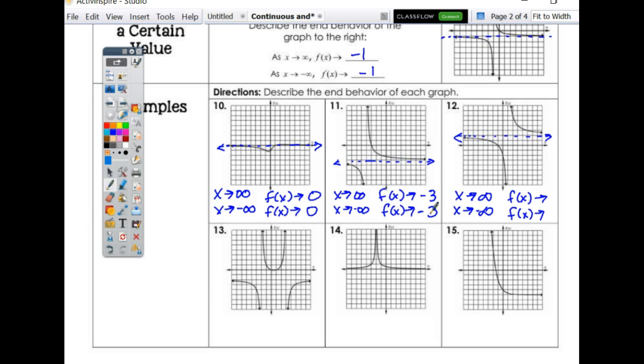As x goes to infinity on this side, I approach 2, and 2. So the question is, when we do these, are they always the same number?